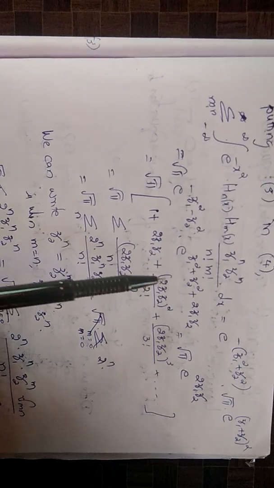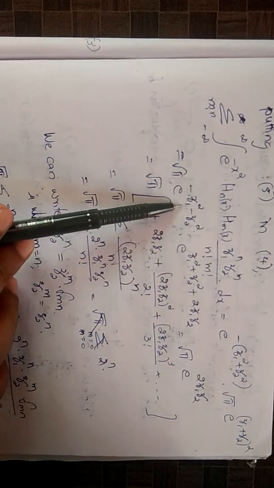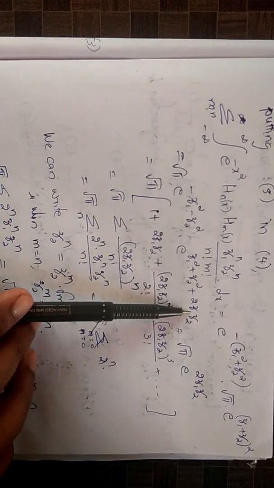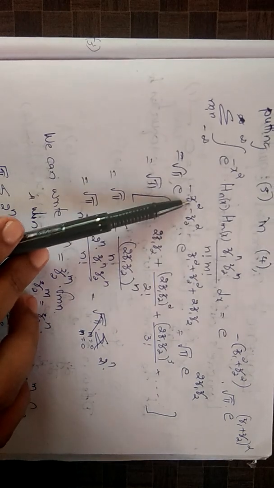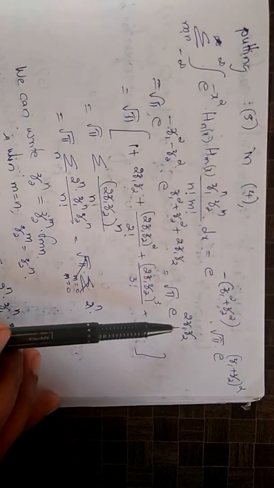Okay, so root pi into, just comparing this, minus z1 square minus z2 square plus z1 square plus z2 square plus 2 z1 z2, so these will cancel, and what is left is e raised to 2 z1 z2.